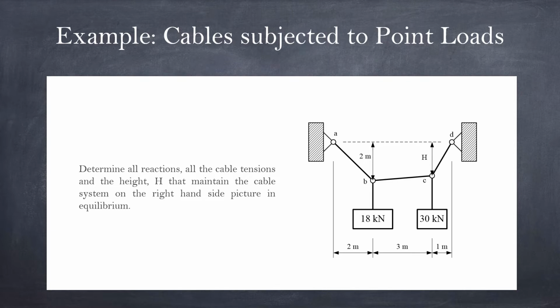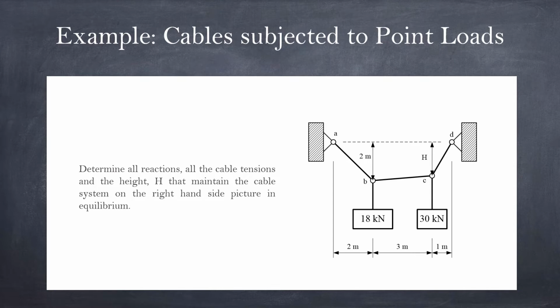So we'll begin this lesson by example, on how we actually analyze the whole system of cable. In this picture here, there are two supports at point A and point D, and usually we have a pin joint at point B and point C. And then, as I said, the cable is assumed to be a straight line.